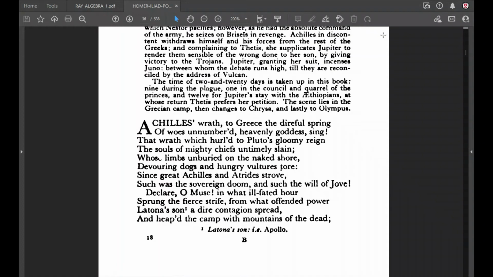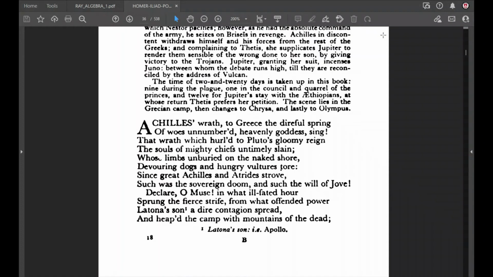Because at the beginning of the poem, that's what he's asking for. He's asking this spirit, this muse, to reveal to him this story, this poem. You see that? So we have a question to answer. Is Homer actually an inspired writer, or is he just making this up?